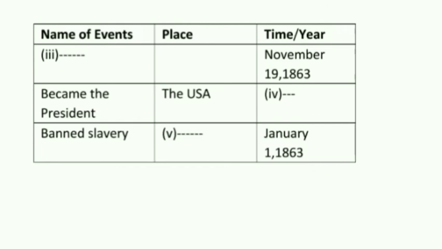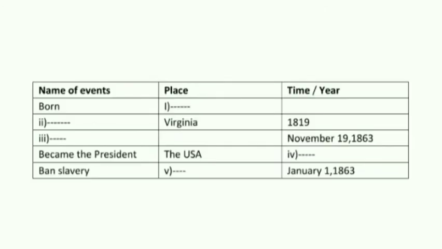Yes, it's 1861. Then banned slavery. From where? Here 1863 is mentioned. So from where he banned slavery? Yes, it's the USA or in America. Both are correct. But the USA is given in your passage, so it is preferable. Okay. This is the question at a glance about Abraham Lincoln.